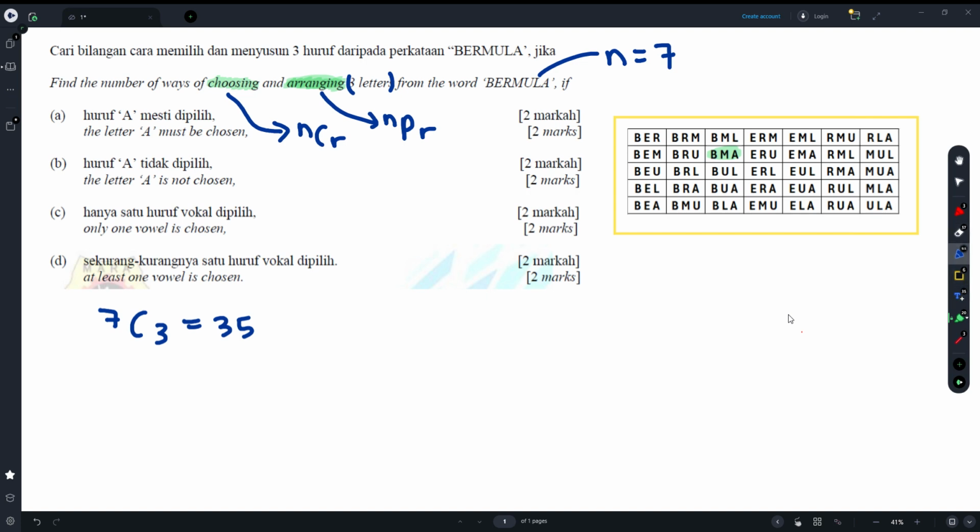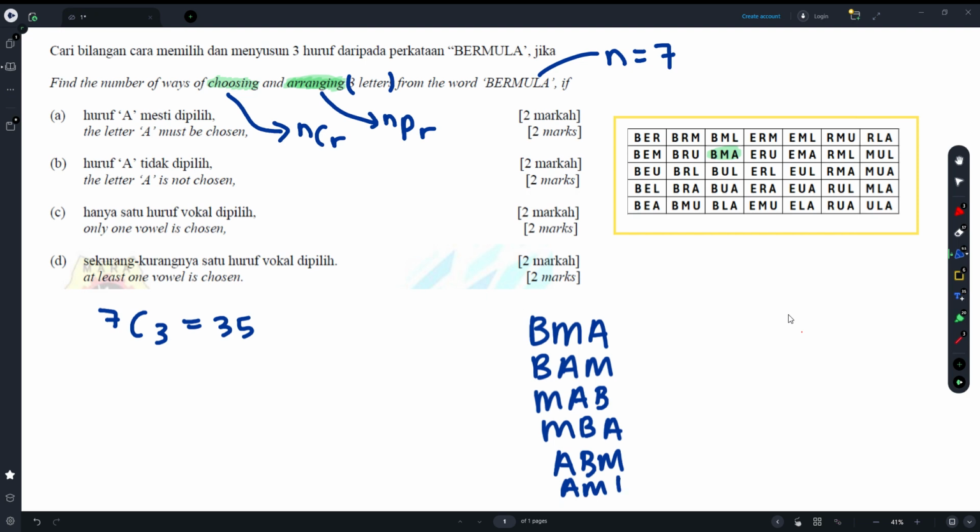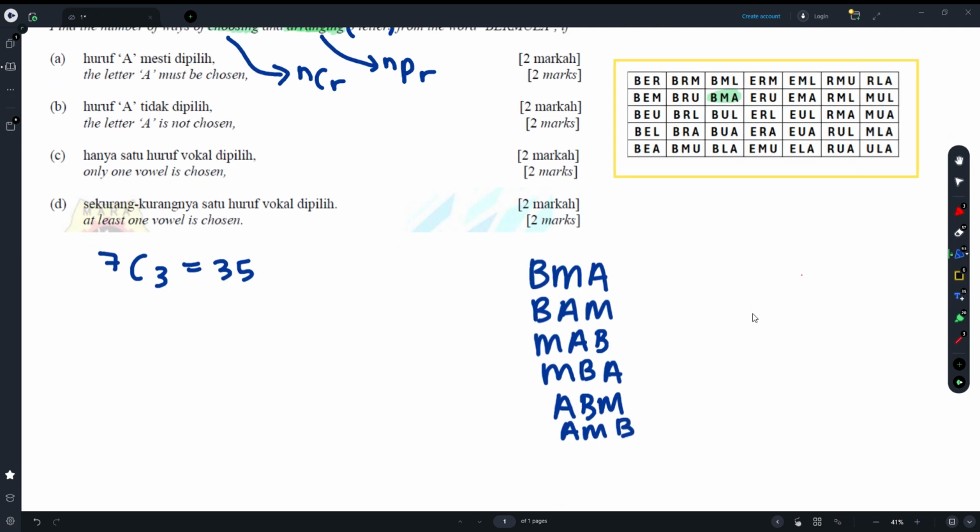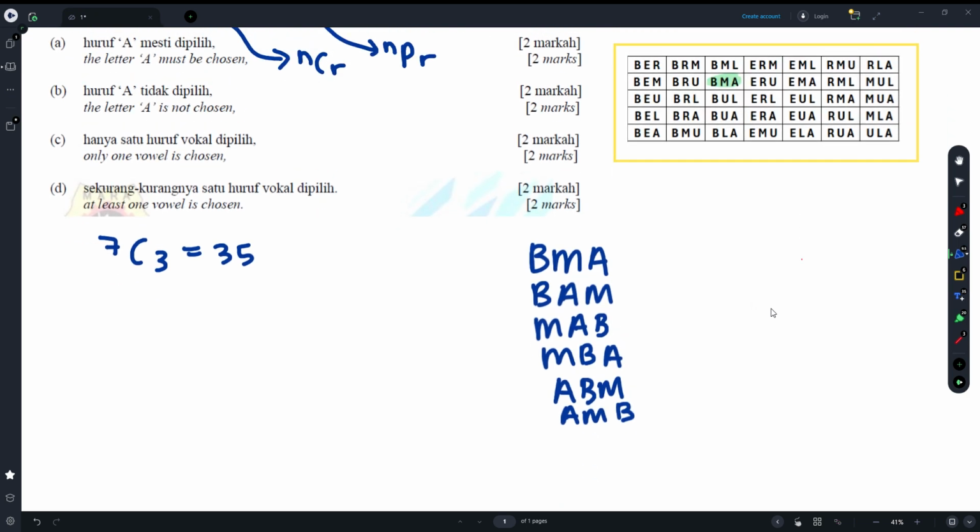So if I take the BMA, I can rearrange the BMA into BAM, or MAB, MBA, ABM, AMB.